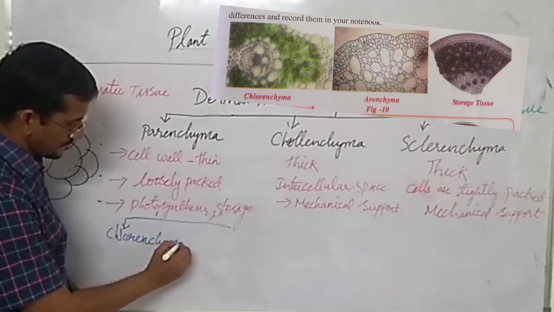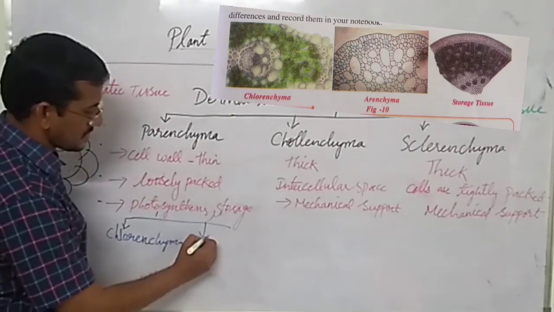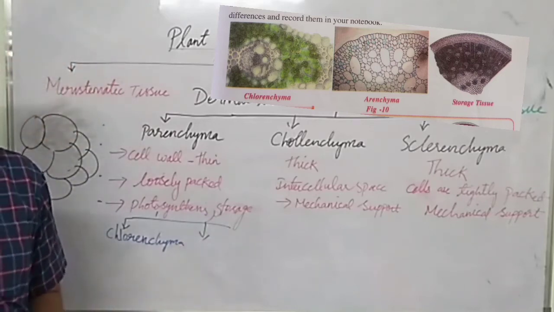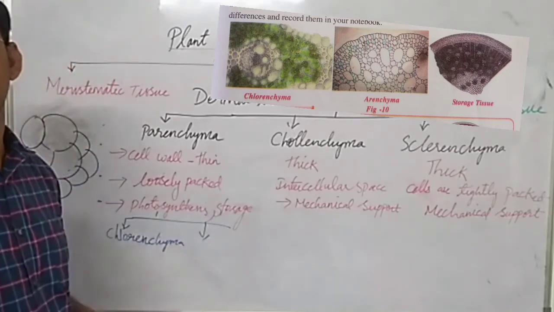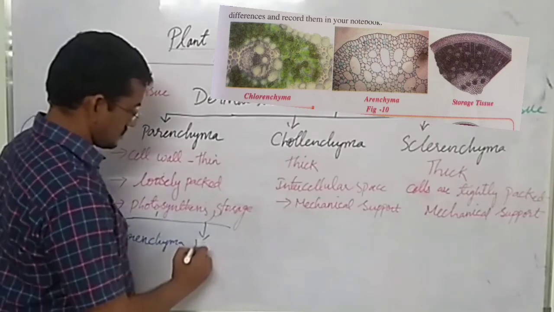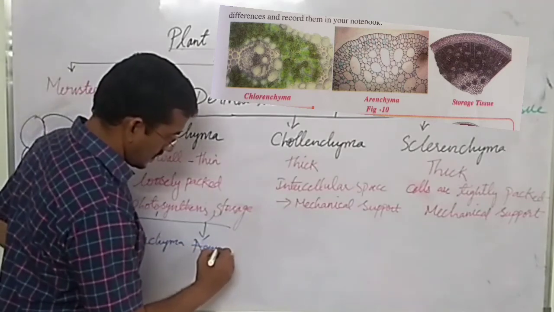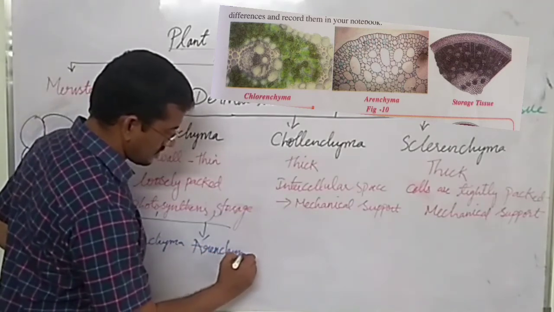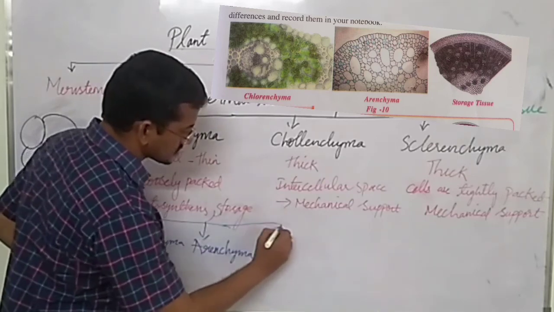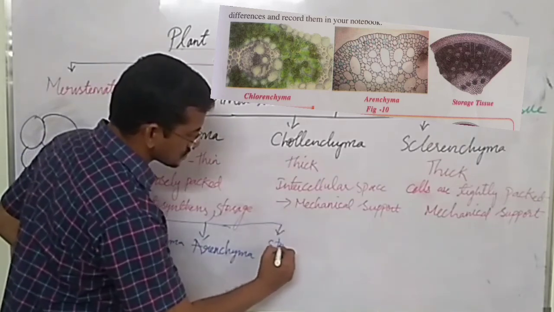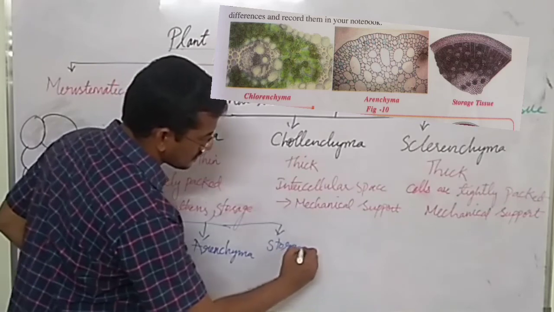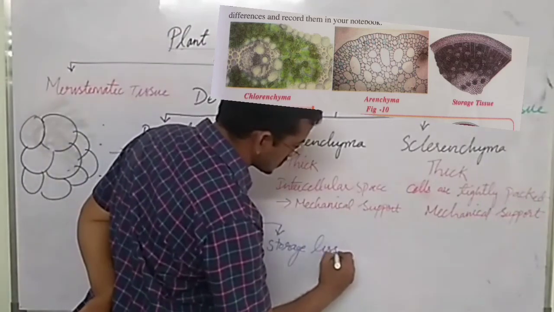Next, aerenchyma. Third one is storage tissue.